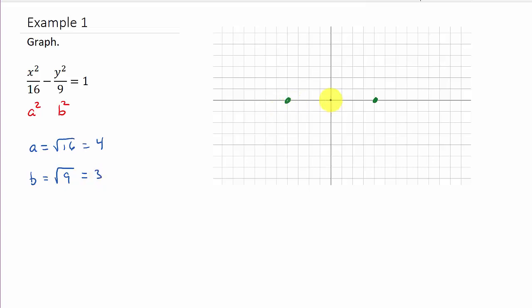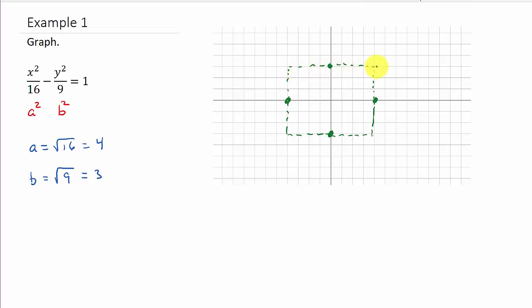And then B is 3 units up and 3 units down. This helps us draw our box. We're going to draw a box, and we'll do that with a dashed line. This is how we're going to draw our asymptotes for our hyperbola.